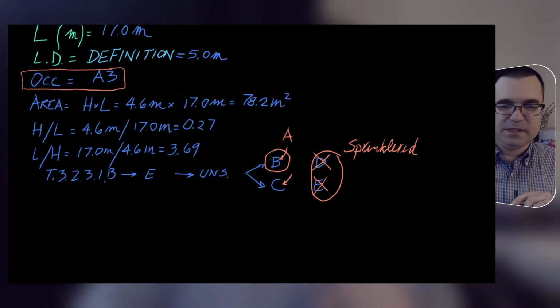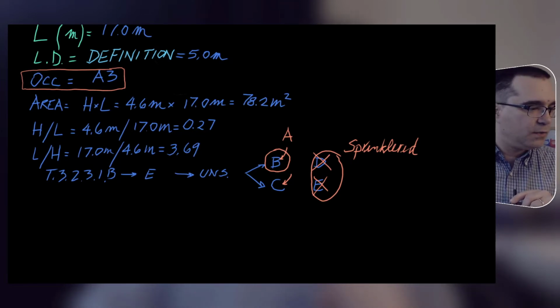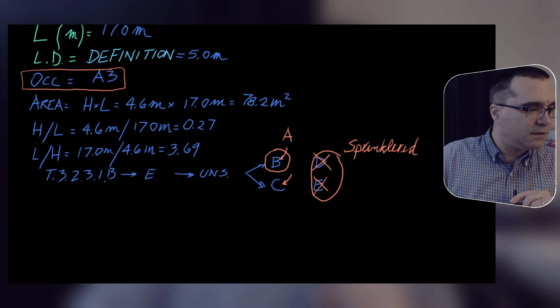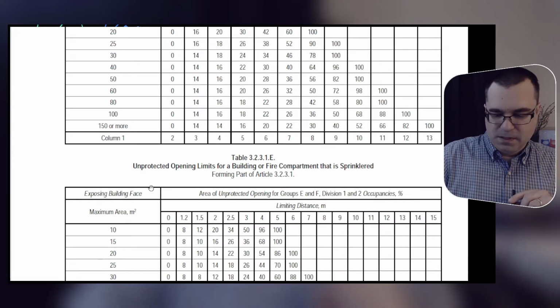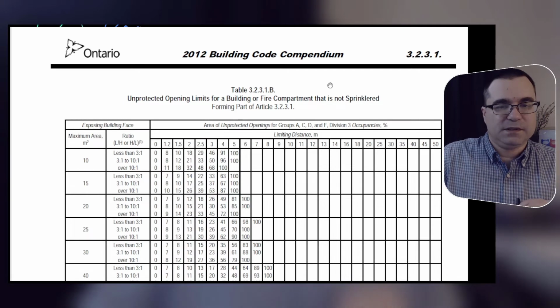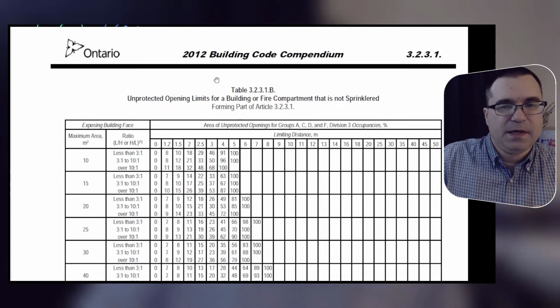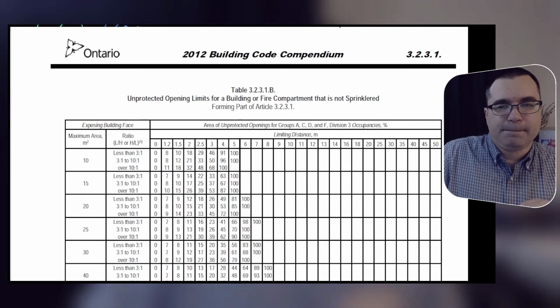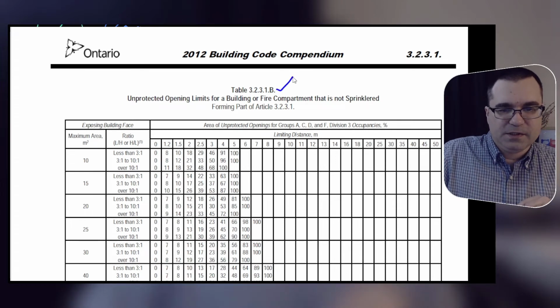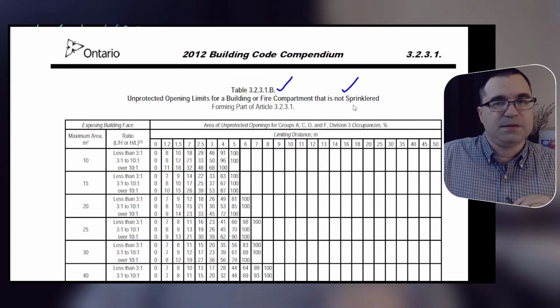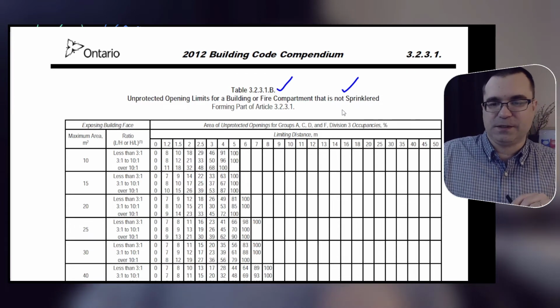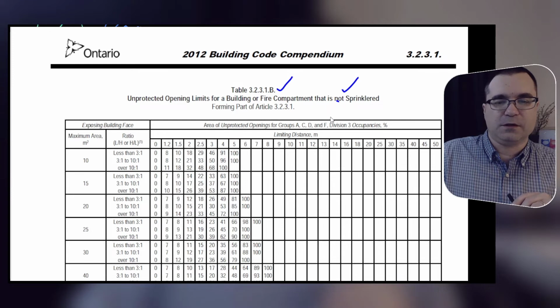Let me take you to the table, the way each table is set up. Notice how under the name of the table, it says whether or not it's sprinklered or unsprinklered. In our case, B and C, as you'll see when you look them up, they're both not sprinklered.